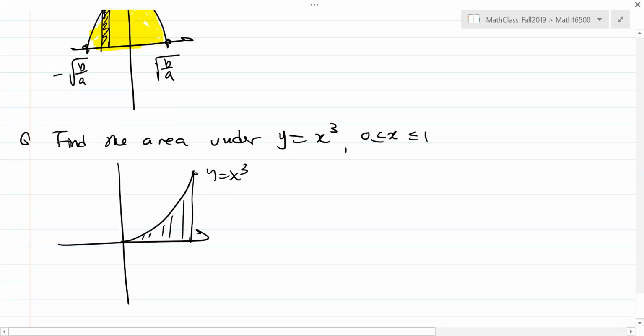Now, this is a point here, 1 and 1. So I can tell the area should be less than the area of the triangle, right? So it should be less than 1/2. Okay. I cannot figure out the lower bound.